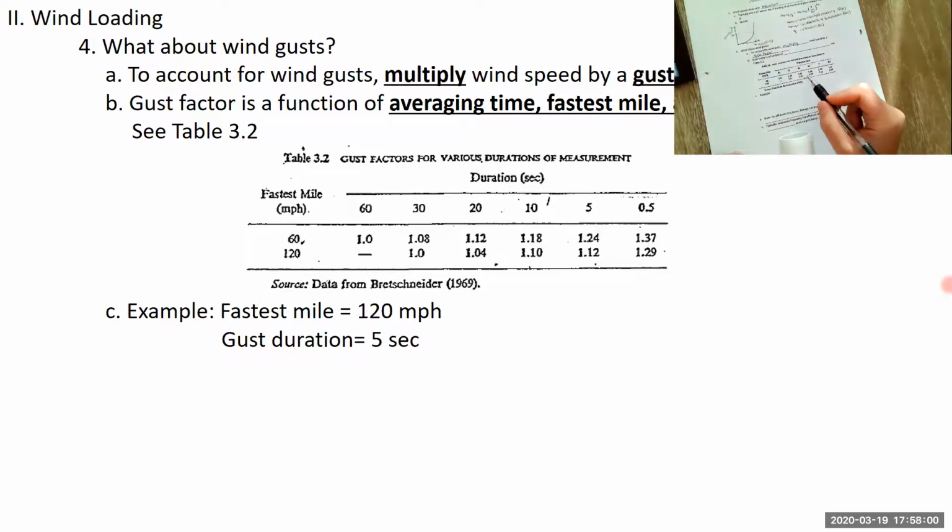And as you can see in table 3.2, which is also in the notes, gust factor is a function of averaging time, the fastest mile of wind, and also gust duration.